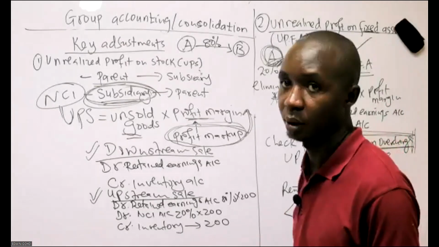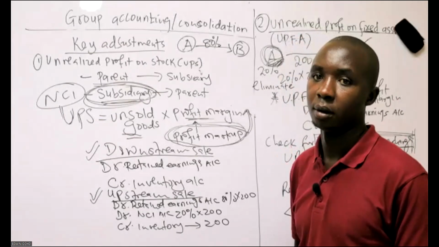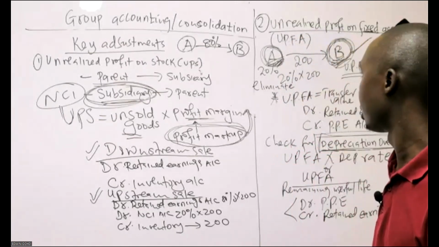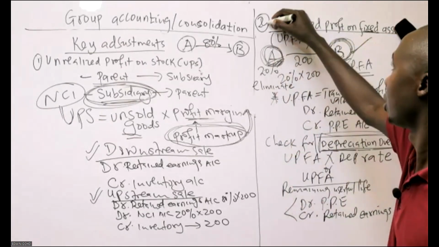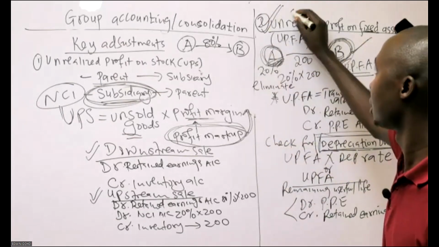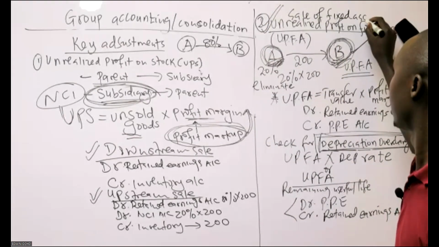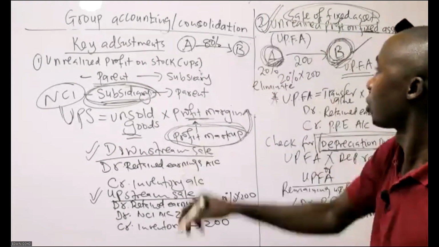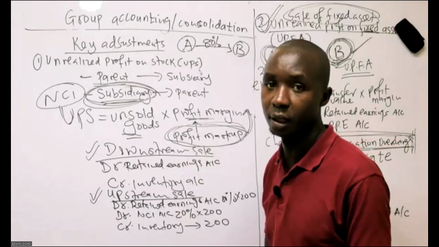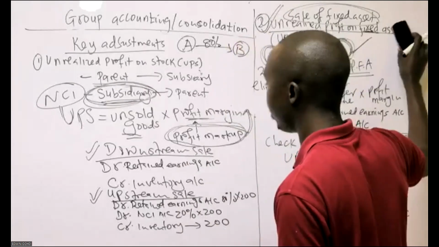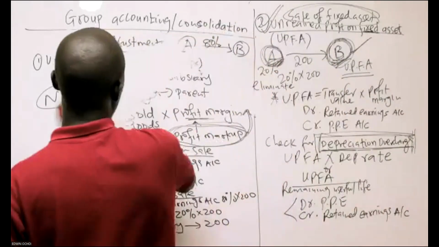That is how the correction is done. So those are the two things you look at when you are talking about the sale of fixed asset. You have to check for the unrealized profit on fixed asset and depreciation overcharge.